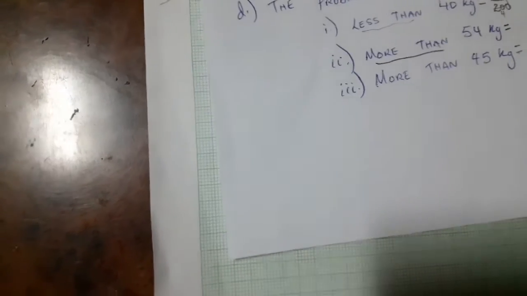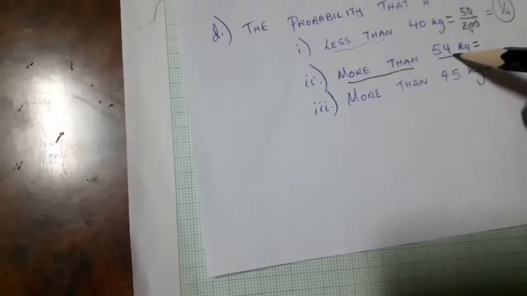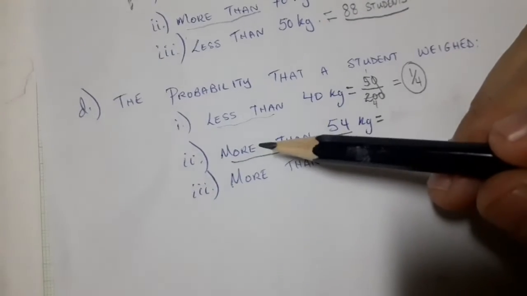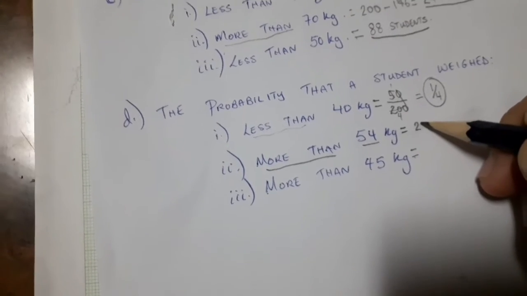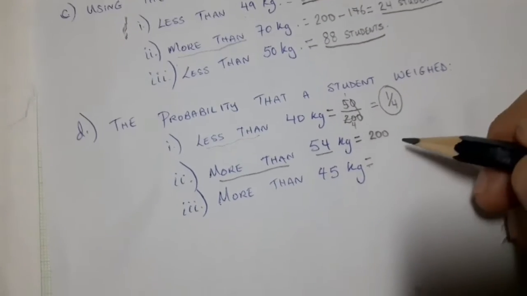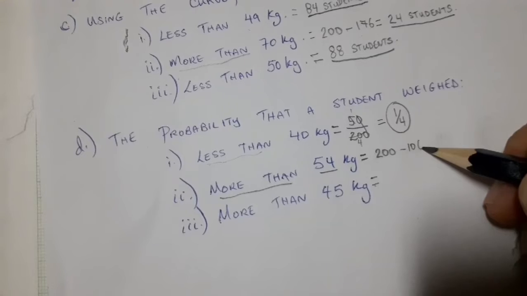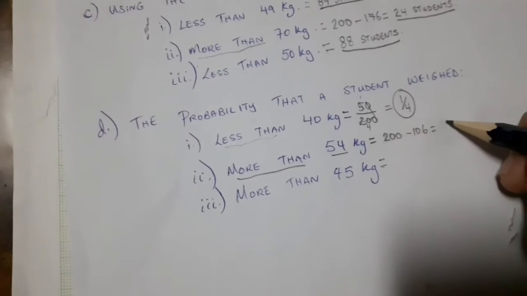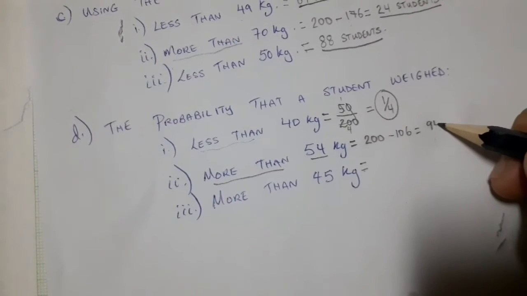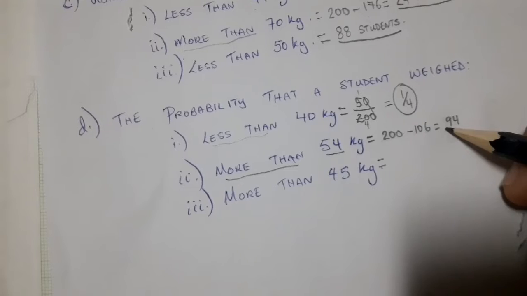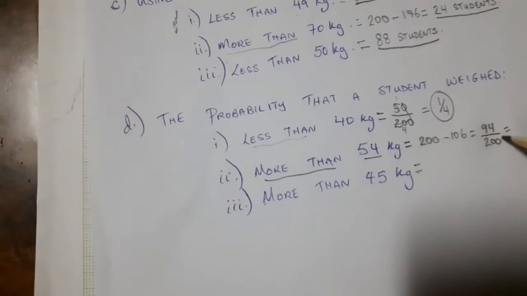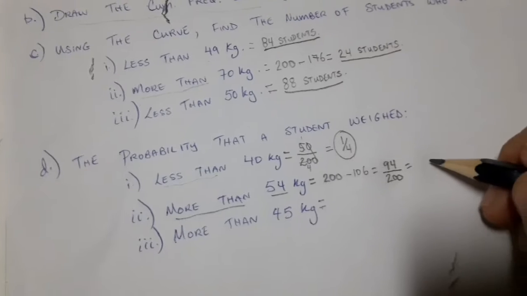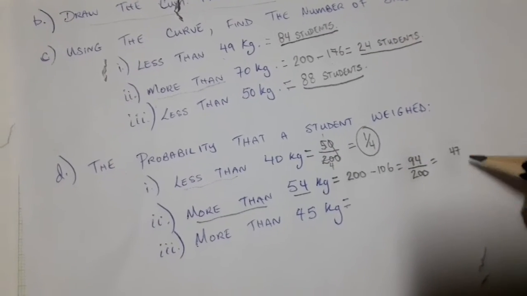So if it is 106 at 54, remember that the question says more than. If it says more than, we cannot use the same 106, we need to subtract. So it is 200 minus the 106, which gives me 94. 94 must be placed over the total frequency, which in this case is 200, and reducing 94 over 200 gives me 47 over 100.